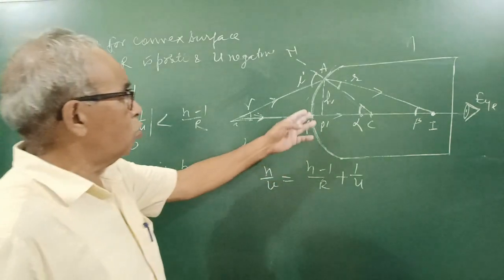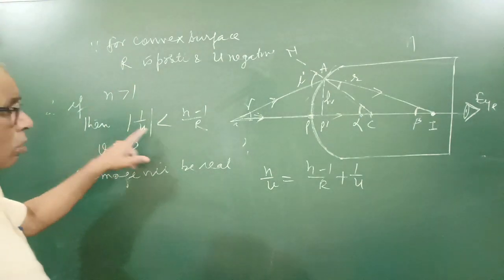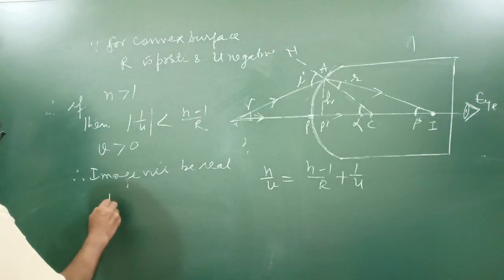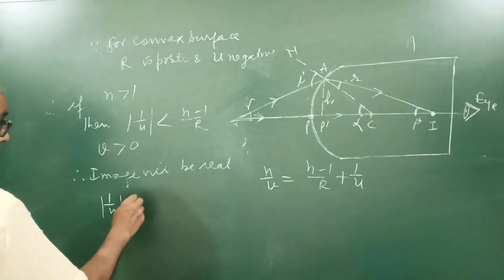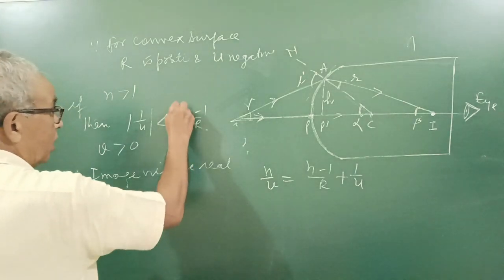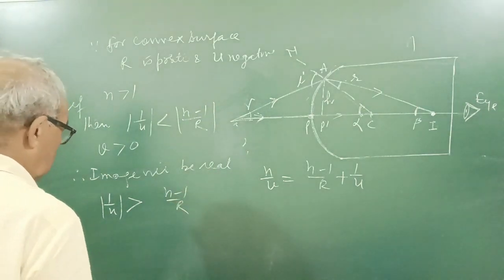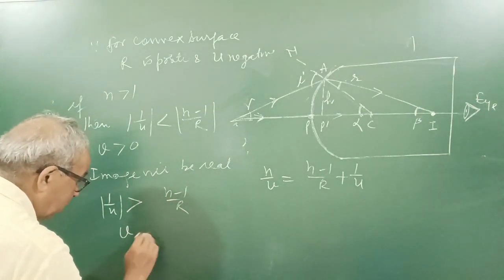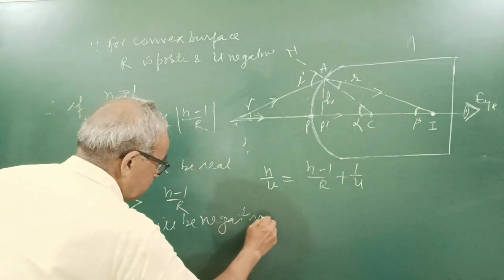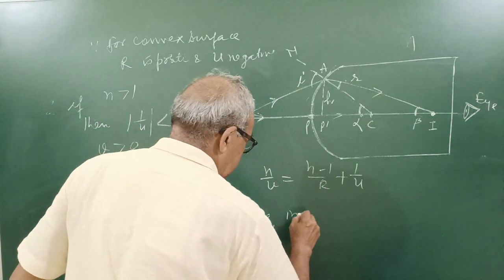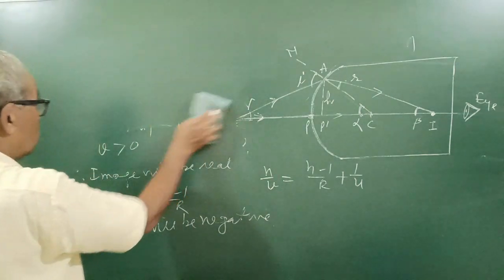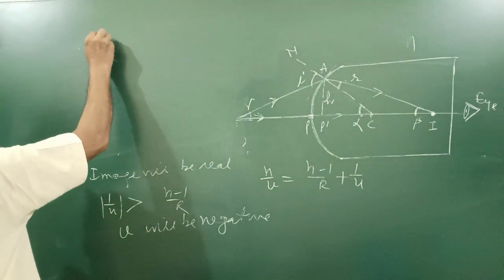That is, if u is very far, then this modulus becomes smaller than modulus u. But if u is very small, if modulus 1 upon u is greater than modulus n minus 1 upon r, then v will be negative, and the image will be virtual. Hence the image will be virtual.